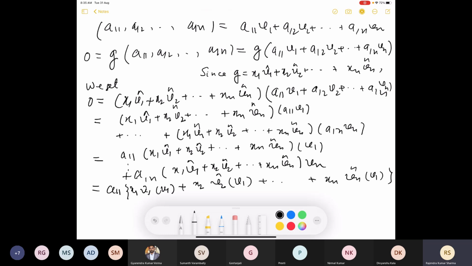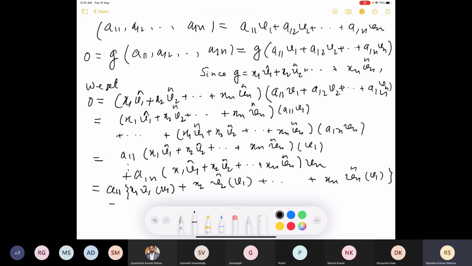And the last one, when you write it like that, each is applied on v1, and here like that. So the last will be each applied on vn.